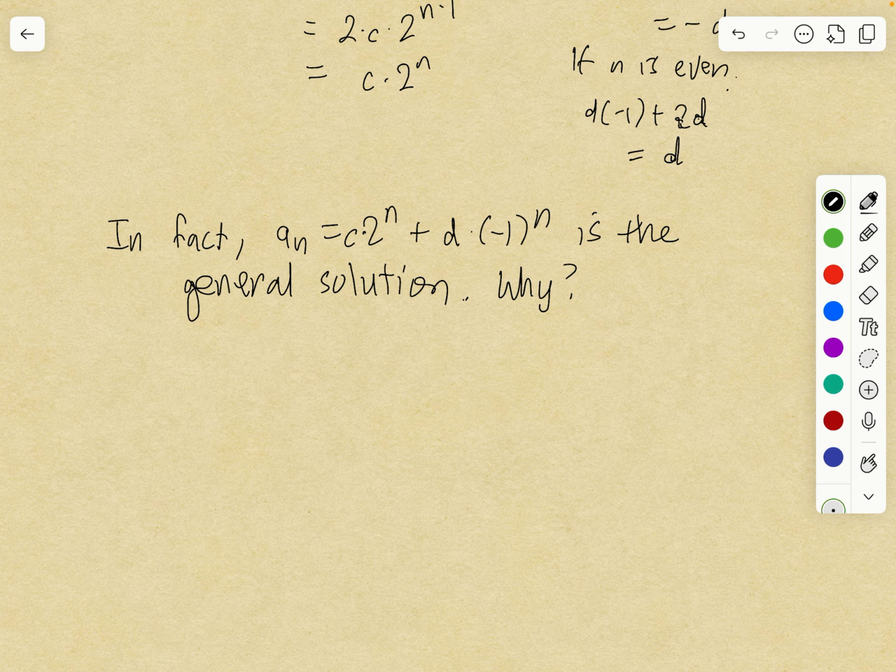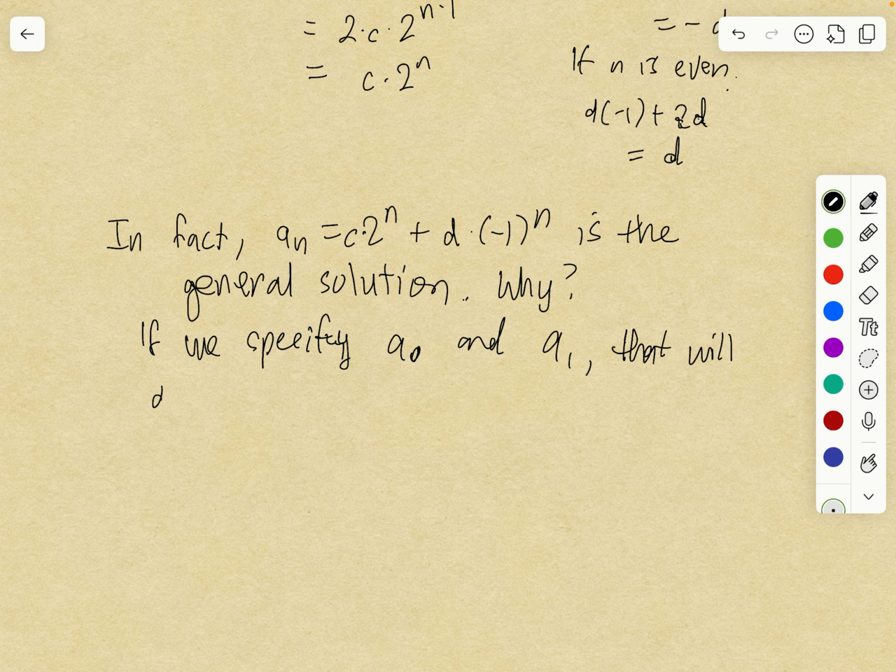Because if we specify a sub 0 and a sub 1, that will determine c and d.